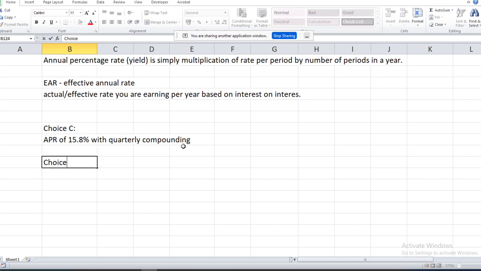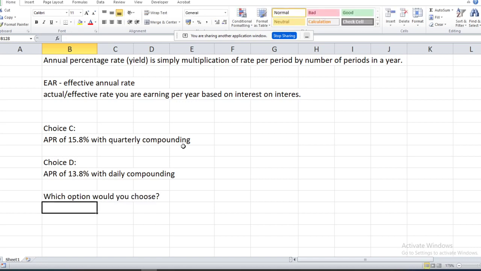And choice D, APR of, let's say, only 13.8% with daily compounding, oh my god, daily compounding. Which option would you choose?